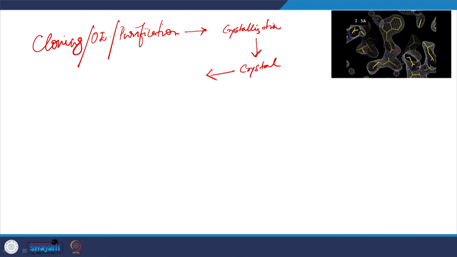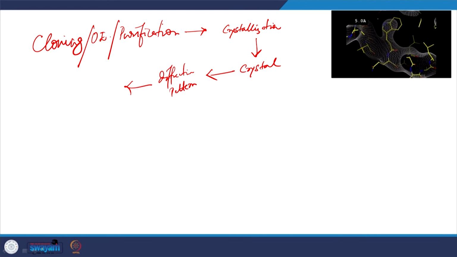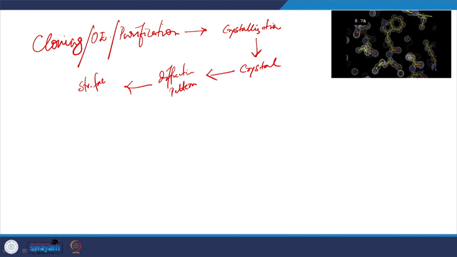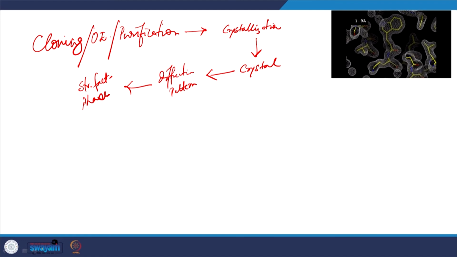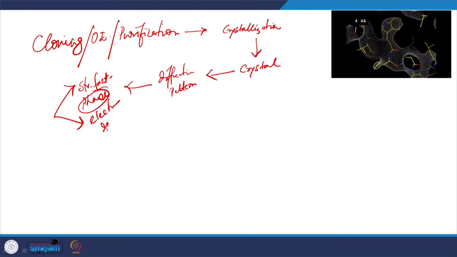So, we use the crystal for the diffraction pattern. From the diffraction pattern we get the structure factor as well as the phase. In the structure factor, we have two components, structure factor and electron density.